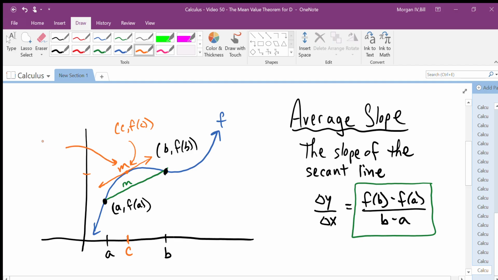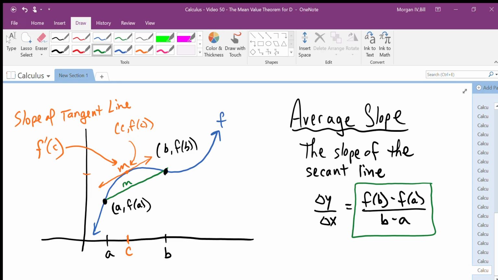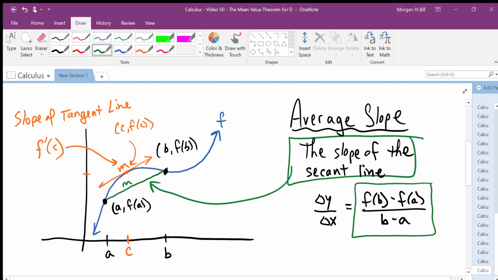Right? The slope of the tangent line, remember, is f prime of x, or in this case, f prime of c. This is the slope of the tangent line. The average slope, green here, is the slope of the secant line. That's this one here. That's given by f of b minus f of a over b minus a.